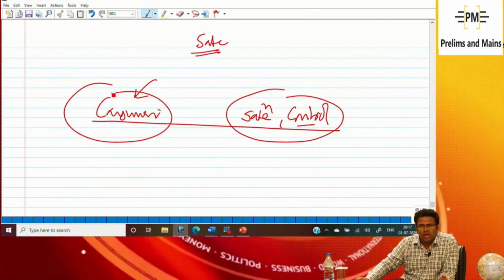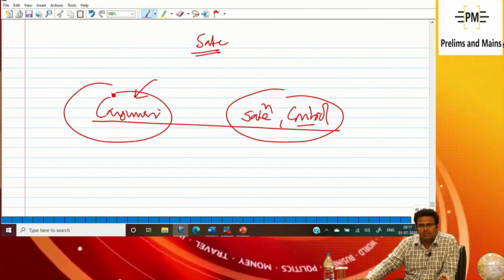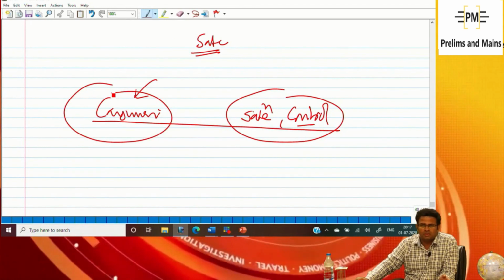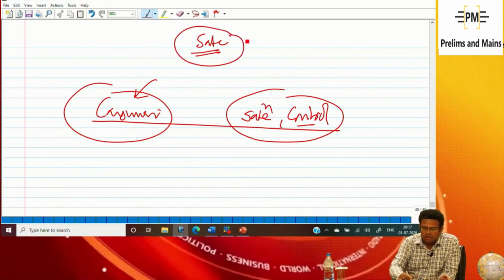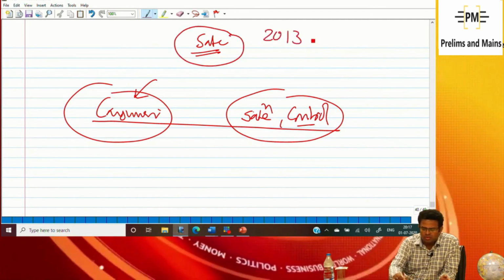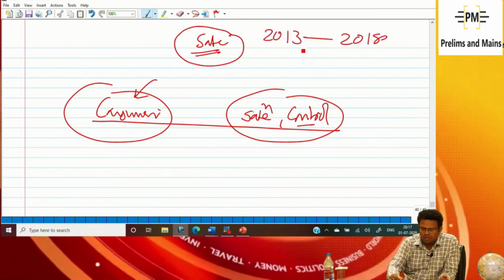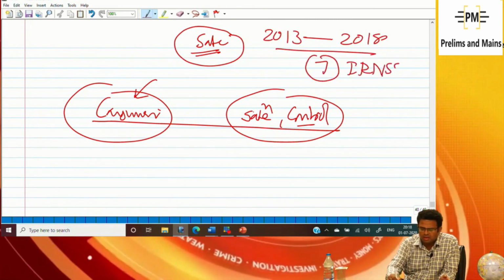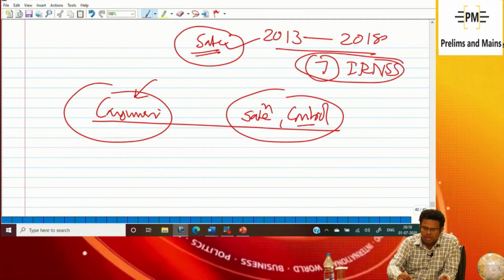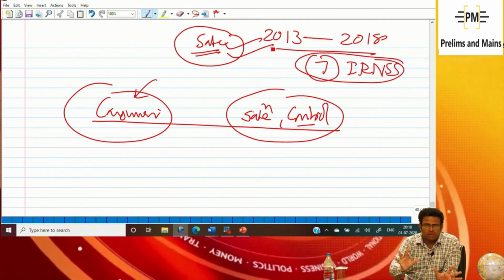Do you have Navic in your phone? You will say no, sir. From 2013 to 2018 we have established 7 IRNSS satellites. Our space segment is clear.